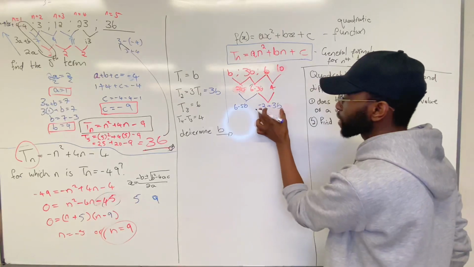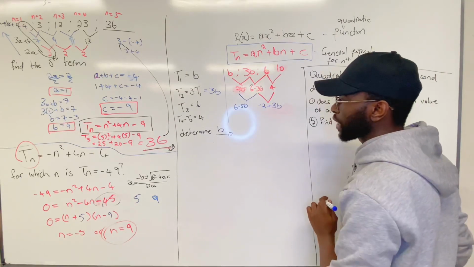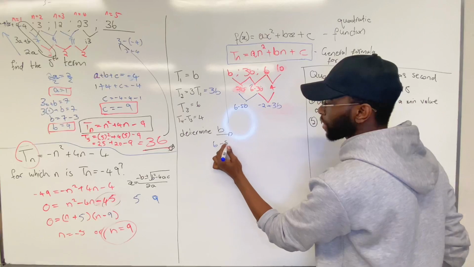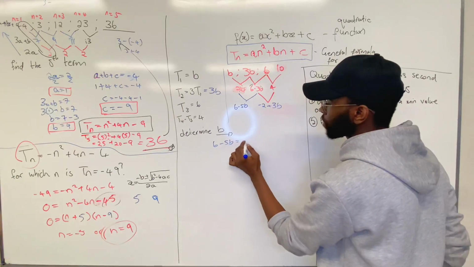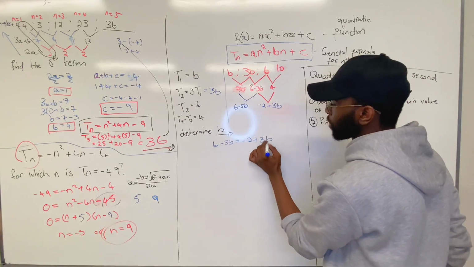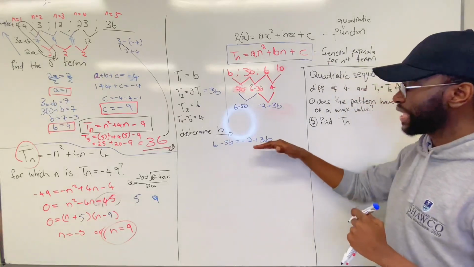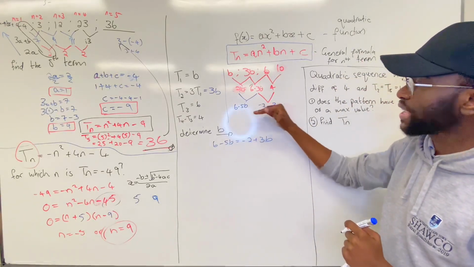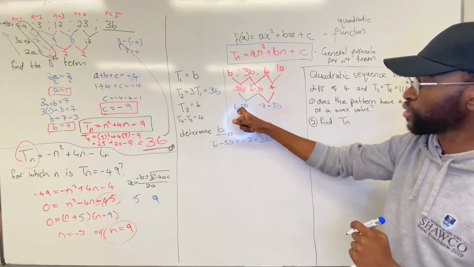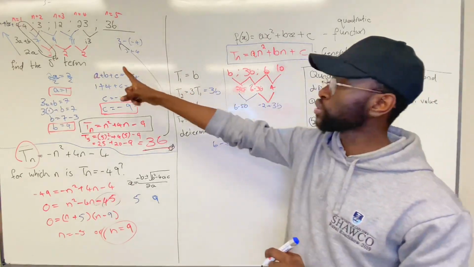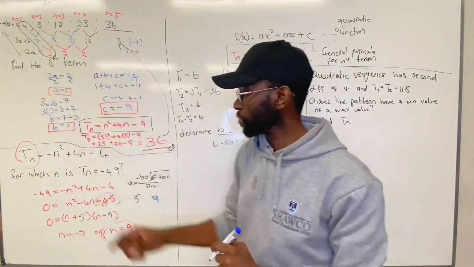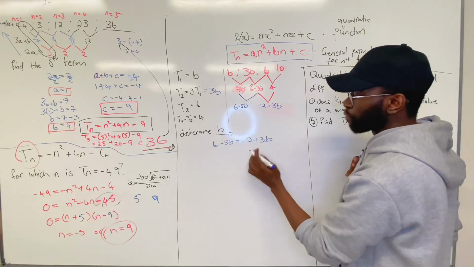So these two terms are supposed to be equal to one another, which means that 6 minus 5b is equal to -2 plus 3b, because they are the second difference of a quadratic equation, and those terms are supposed to be equal to each other, just like here. So we'll now solve for b.